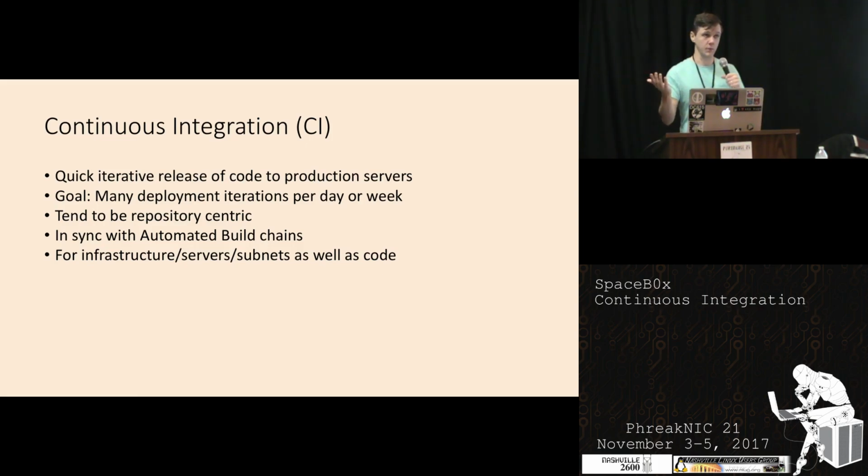That's the dream, or per week. These systems, at least the ones I'm going to be talking about, are mostly repository-centric, meaning the build process starts from the code that is pushed to repositories, and this code build process is in sync with the automated building systems as well as the automated deployment systems.